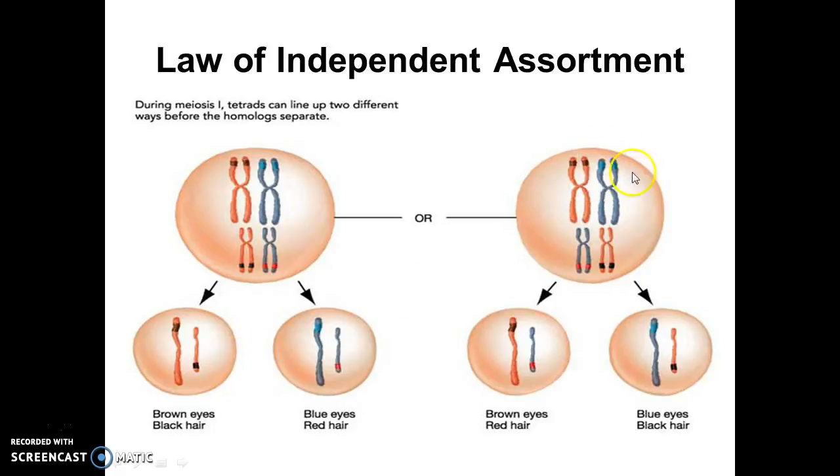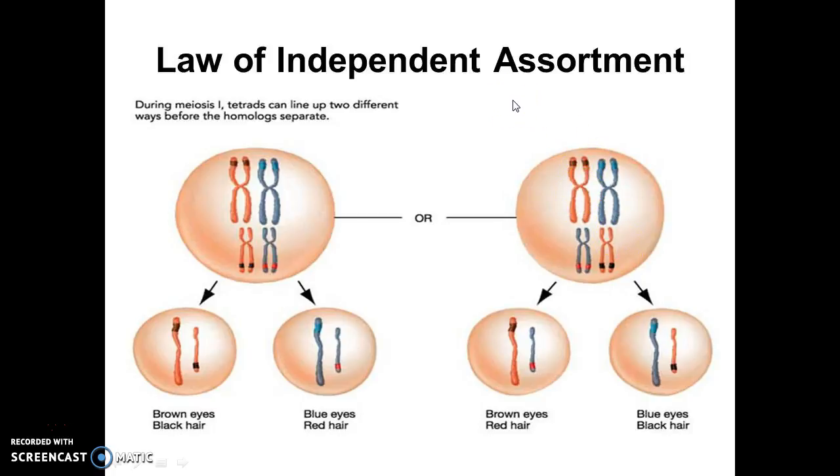But if instead, during metaphase 1, they lined up like this, with mom on this side and dad on this side, but dad on this side and mom on this side for these chromosomes, the fact that they independently assort themselves, meaning not all dad's chromosomes are going to line up on the right and not all mom's chromosomes are going to line up on the left, you end up shaking up the variety a little bit more. So not only does crossing over create more variety, so does the law of independent assortment. It can go either way. It can go dad's on this side or dad's on this side, mom's on this side.